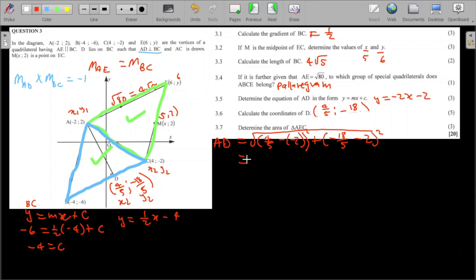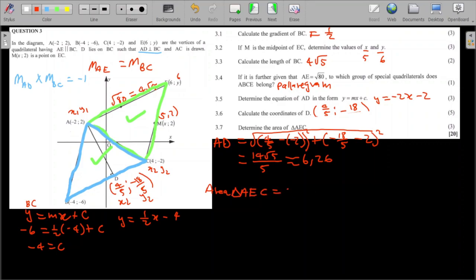And then if I punch my calculator here, I'm going to have 4 over 5 minus negative 2, all squared, plus negative 18 over 5 minus 2, all squared, which is giving me the answer 14 square root of 5 all over 5, which is approximately 6.26.